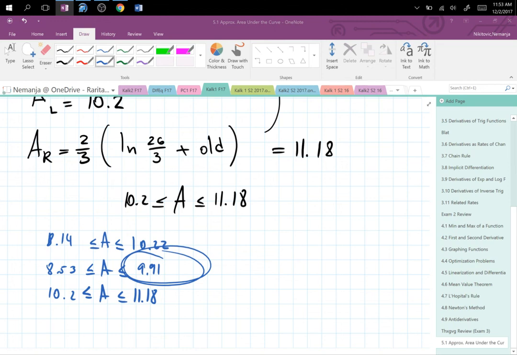What you're supposed to see from this blue chart is that these numbers are racing towards a value. These numbers will be falling this way towards a value, and then the value must be in between, right? When you look at the precision. Did we mix up one of the left-hand sides and the right-hand sides?